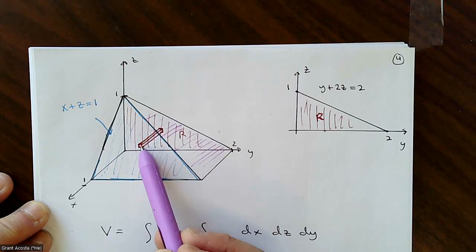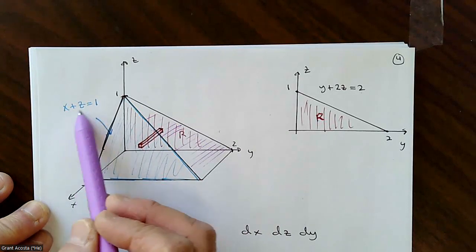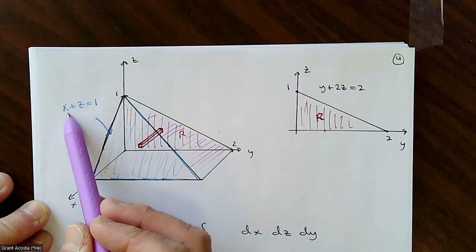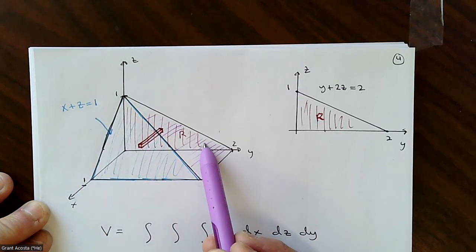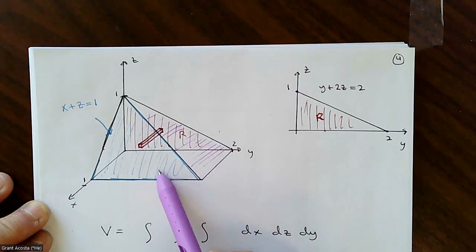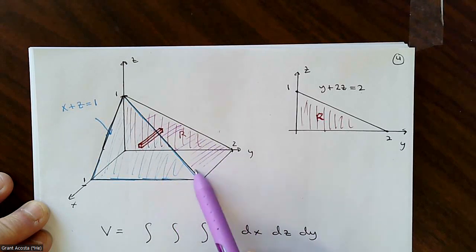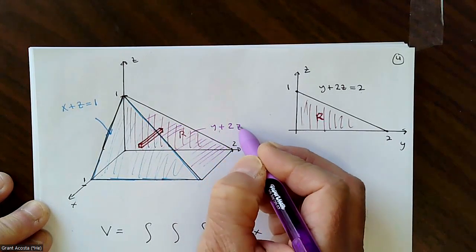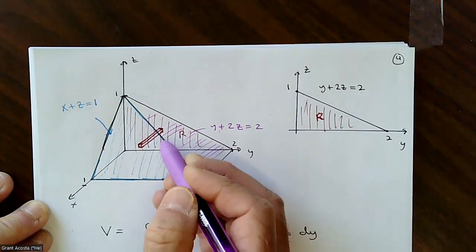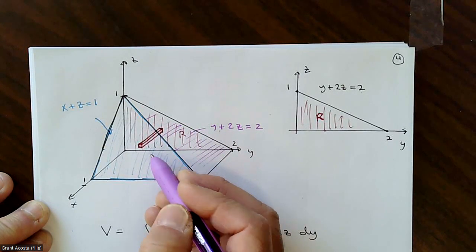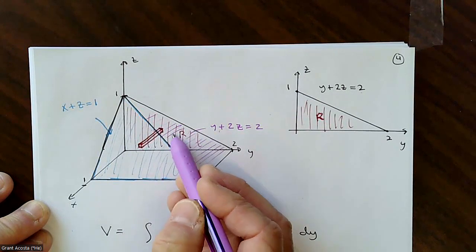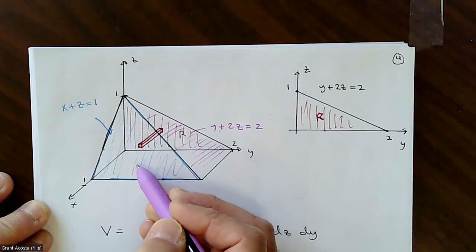Well, that would generate a column that's coming out of the paper until it hits this. So this is like the ceiling of a sort of sideways room, where the columns are coming this way. But notice every column I draw emanating from this back triangle is going to hit this one because they're going to be parallel to the y plus 2z equals 2 plane. So I can get away with only using one triple integral because the bounds for x are always going to be between the back wall and this blue plane here.